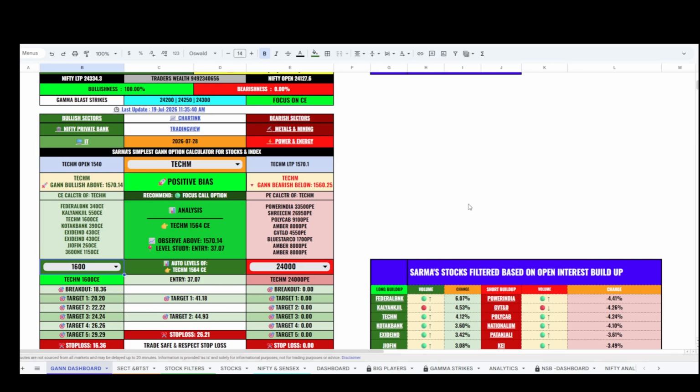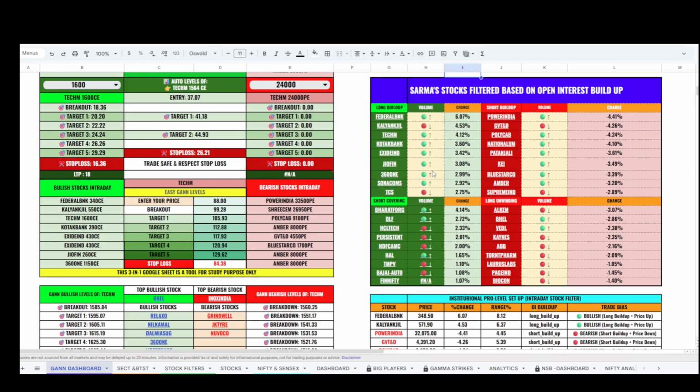That's why I named it all in one, because I feel that Nifty, Bank Nifty, stocks and Sensex, these four are enough for us to trade, and you may select any one of these four, maybe stocks, maybe Nifty. I have given four kinds of stock filtering here: long build up, short covering, long unwinding.